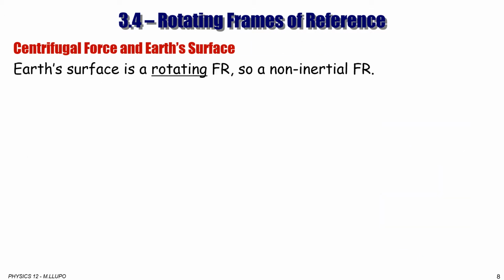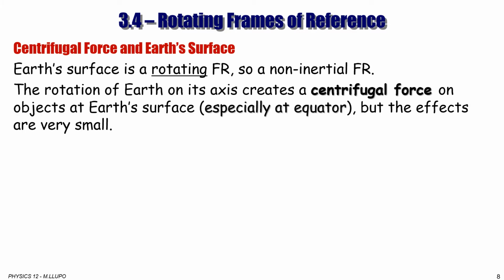As we know, the Earth's surface is rotating. It is on a rotating frame of reference. So it is a non-inertial frame of reference if you see that from an outside point of view. The rotation of the Earth on its axis creates a centrifugal force on an object on the Earth's surface, especially at the equator, because at that point acceleration is bigger.